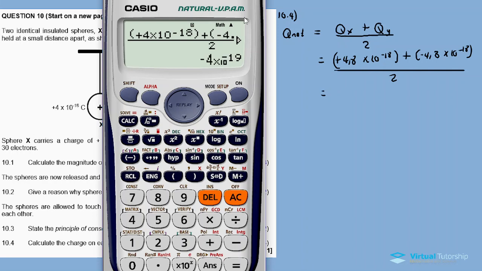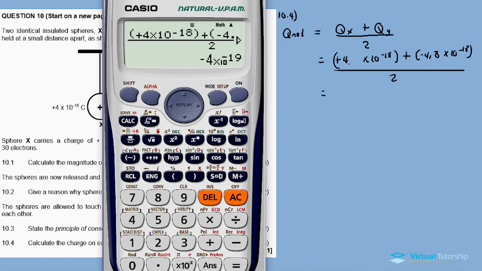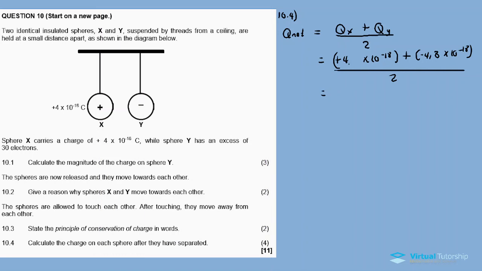I made an error, so let me correct it. Our answer is negative 4 times 10 to the exponent negative 19 coulomb.